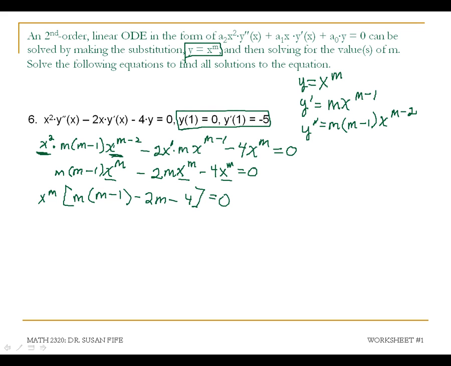And here inside the brackets you want to simplify. You want to distribute through by the m to give you m squared minus m, and then combine these. Negative m and negative 2m will give you a negative 3m.